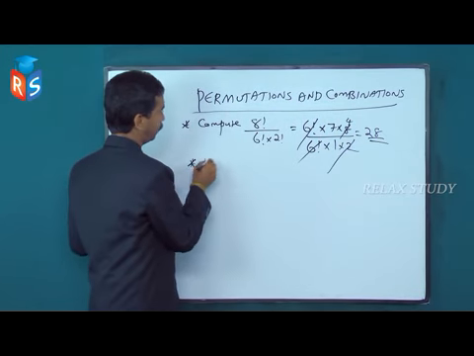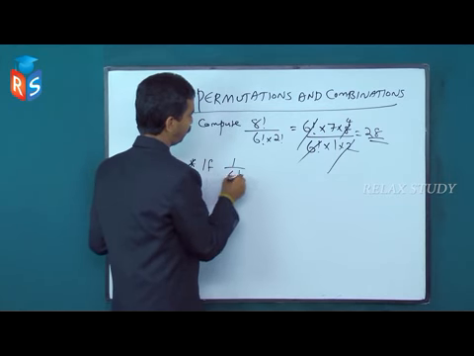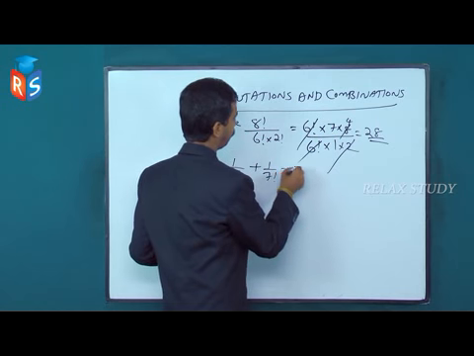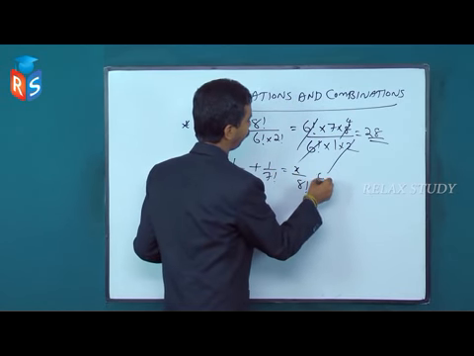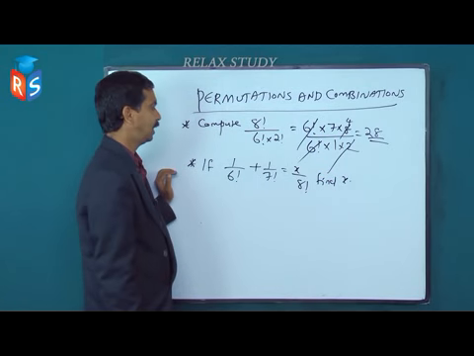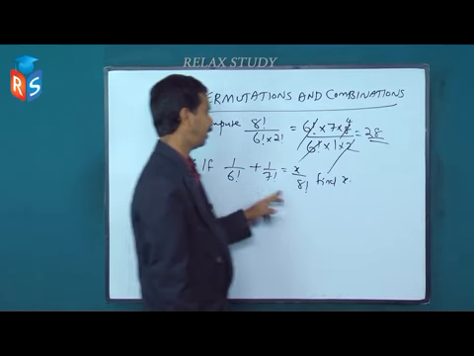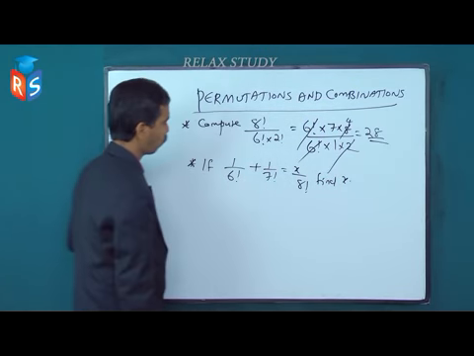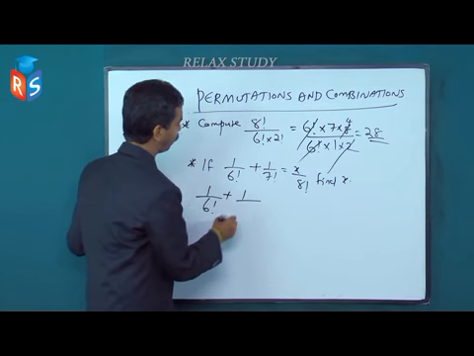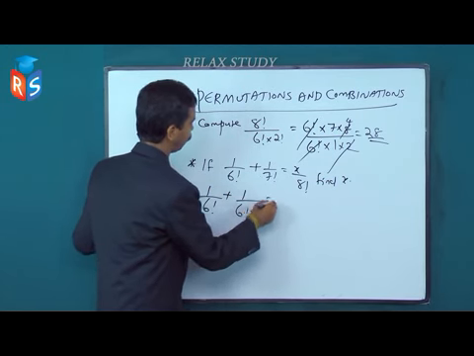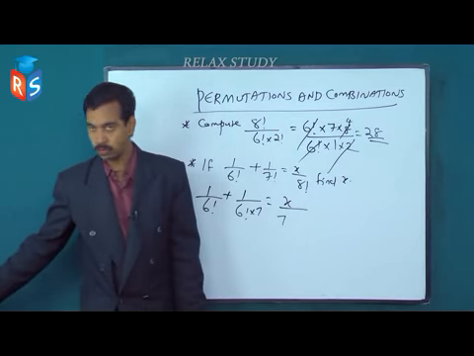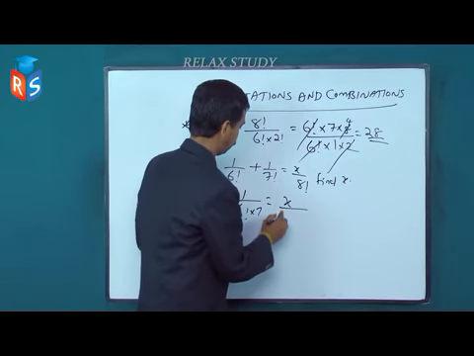Next one, if 1 by 6 factorial plus 1 by 7 factorial equals x by 8 factorial, we want to find the value of x. We know 1 by 6 factorial plus 1 by 7 factorial can be written as 1 by 6 factorial plus 1 by 6 factorial into 7. x by 8 factorial can be written as x by 6 factorial into 7 into 8.